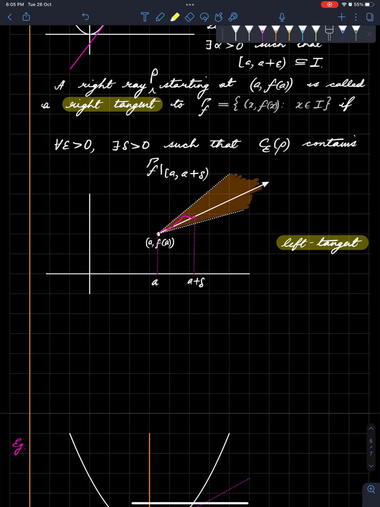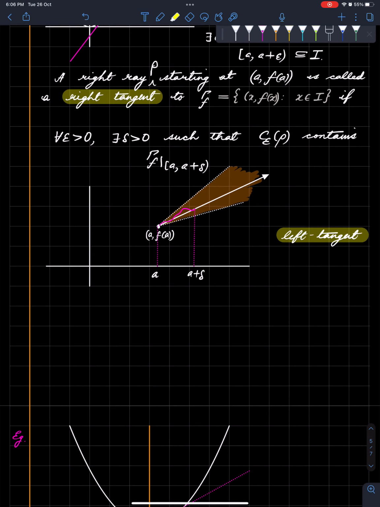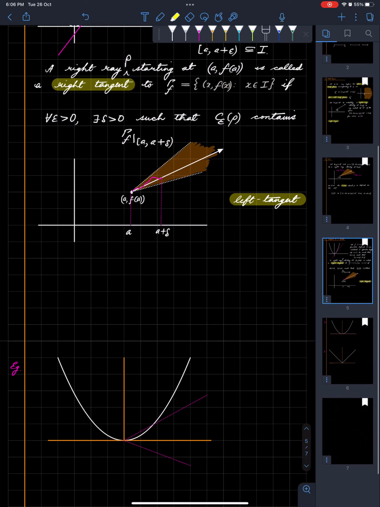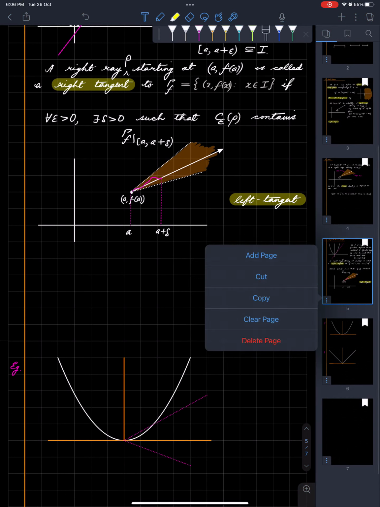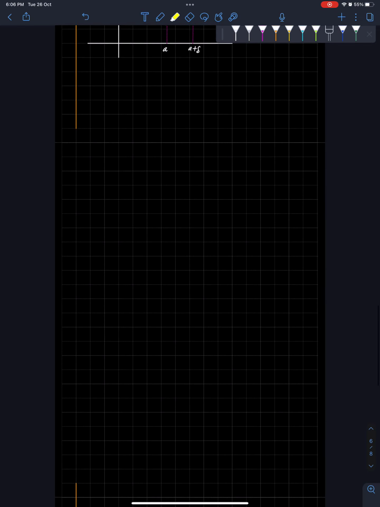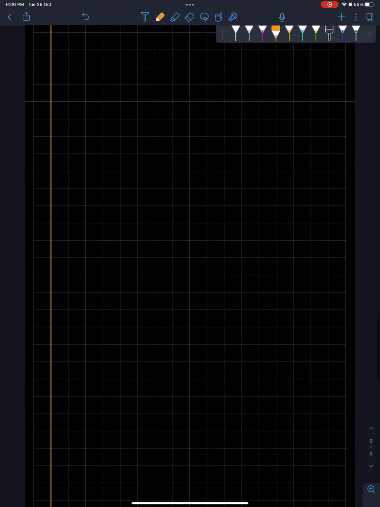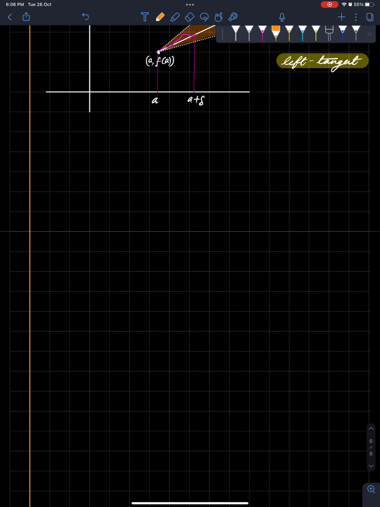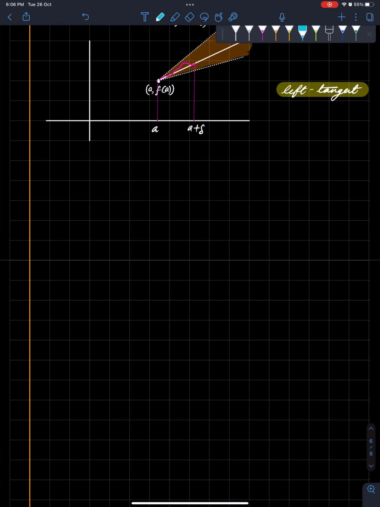Okay. And here is a lemma. Let me add a page. Here is the lemma.